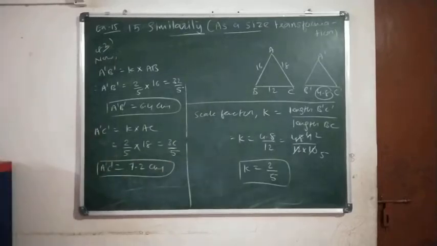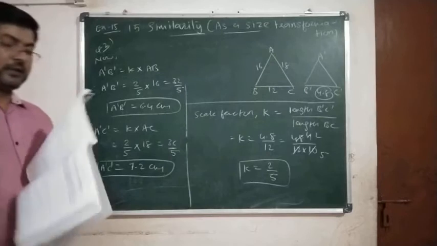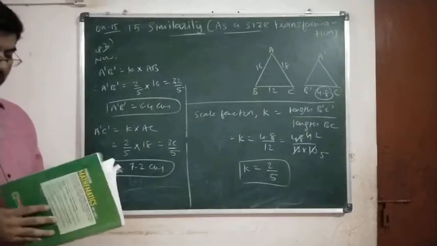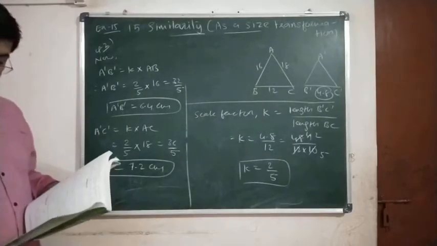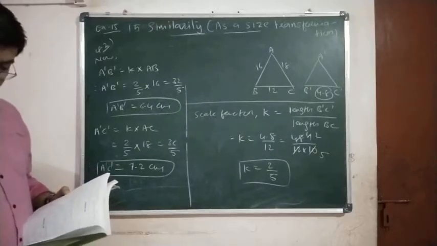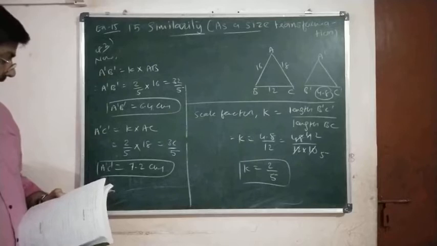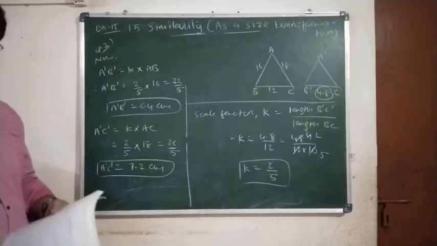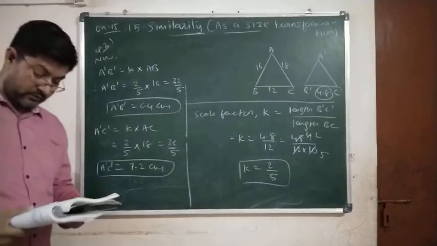Clear? So we got the length A dash C dash, A dash B dash as well as K. K is 2.5. A dash B dash is 6.4 and A dash C dash is 7.2 centimeter. Okay, so question number 2 is also over.